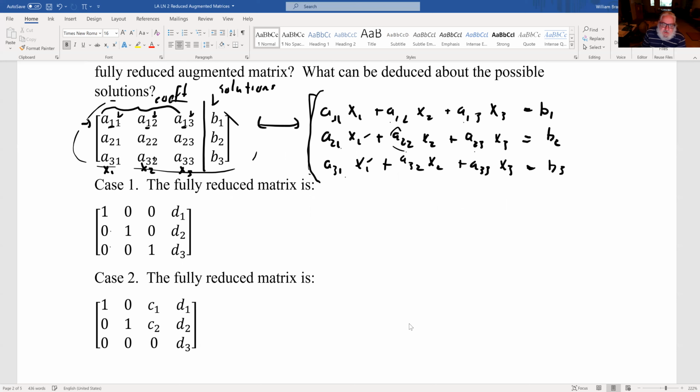And then use this number to get rid of both of these 2 terms, so you can get zeros here and here. And then finally, you can use this term to get rid of these 2 terms, and you get zeros here and here. And that's the best case, because that system of equations is just that, and that tells you what the solution is. There's only one solution.